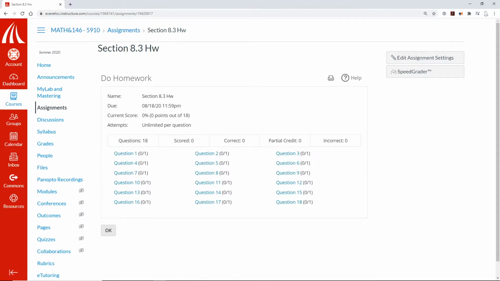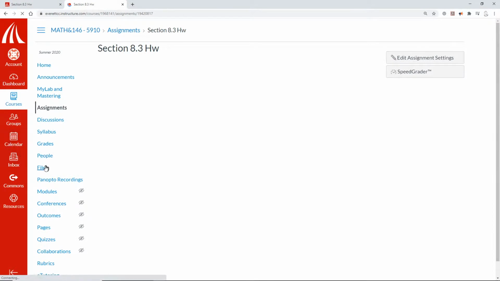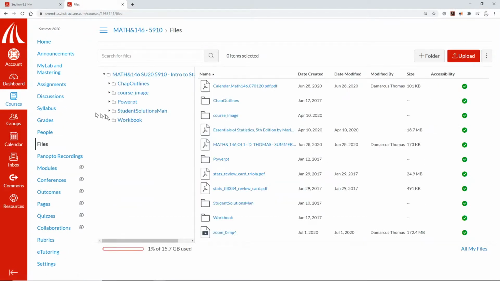I don't think we spent much time on 8.3 yet, so people are still struggling with 8.3. We're going to talk more about 8.3. In fact, maybe we should even pull up some of the notes for 8.3 as well.